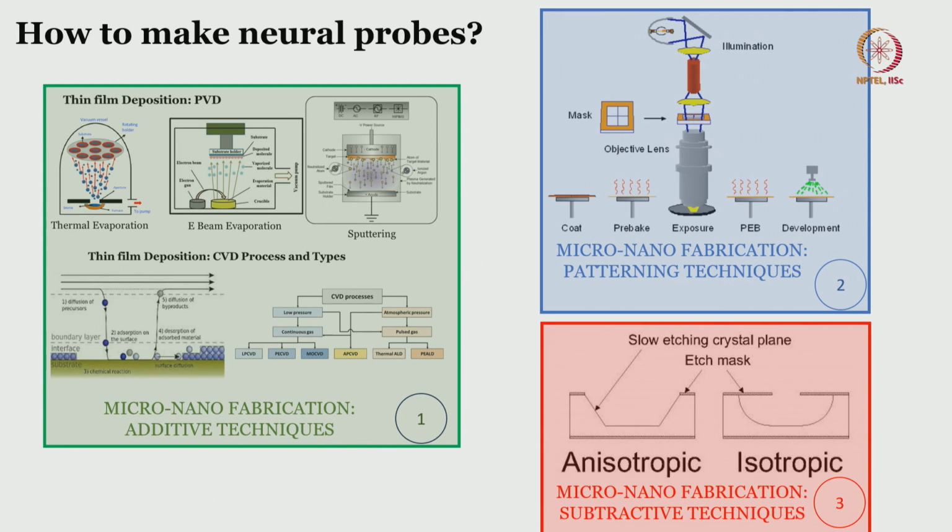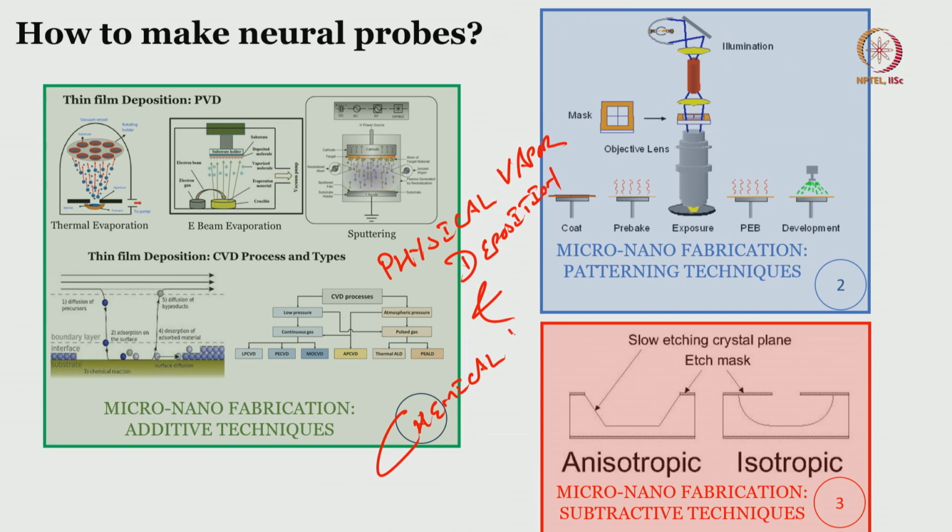But the question is how to make these neural probes. We have something called thin film deposition, in which we have two techniques. First one is called physical vapor deposition, and second one is called chemical vapor deposition.